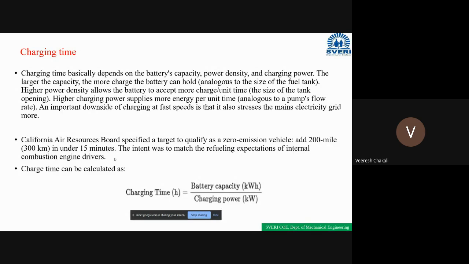Higher power density allows the battery to accept more charge per unit time, like the size of the tank opening. Higher charging power supplies more energy per unit time. Okay, so the charging time depends upon the battery capacity as well as power density. Clear?